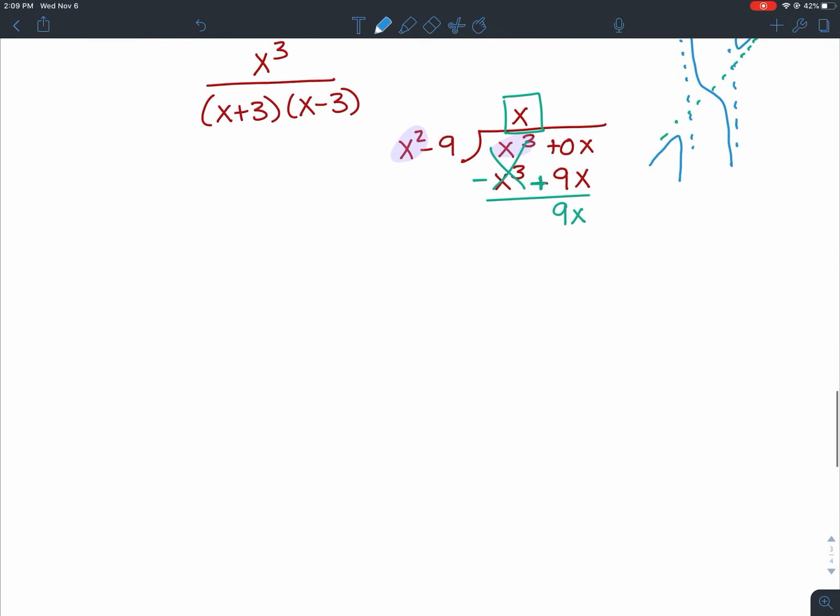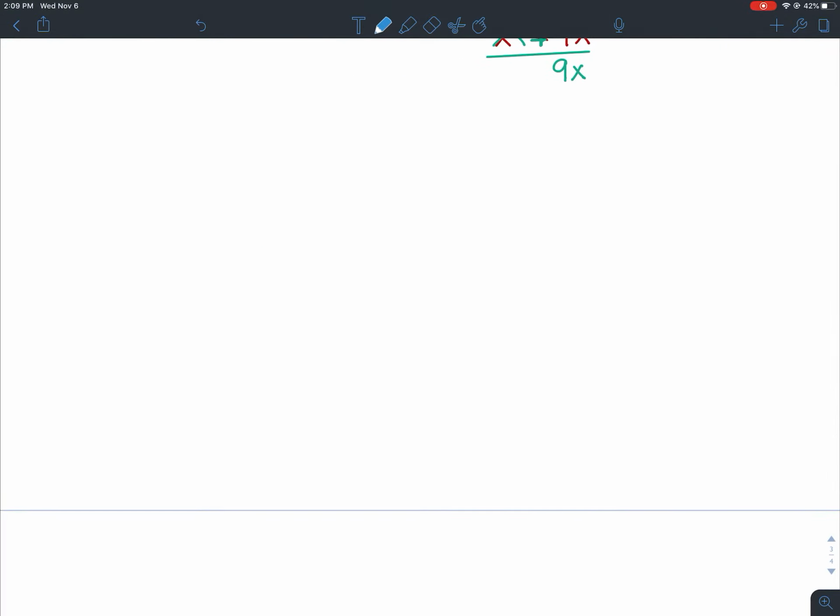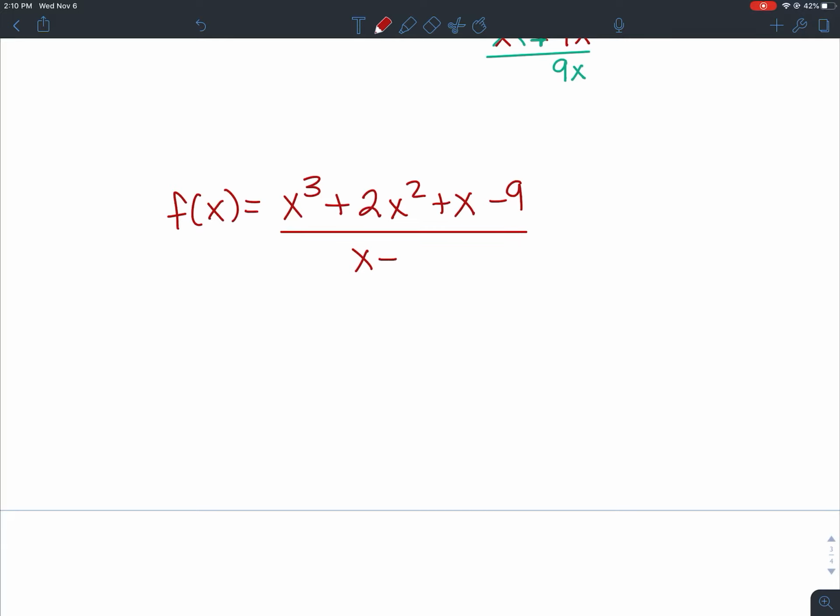All right, let's do another one. Last one. F of x equals x cubed plus 2x squared plus x minus 9 over x minus 3. We need to factor this first.